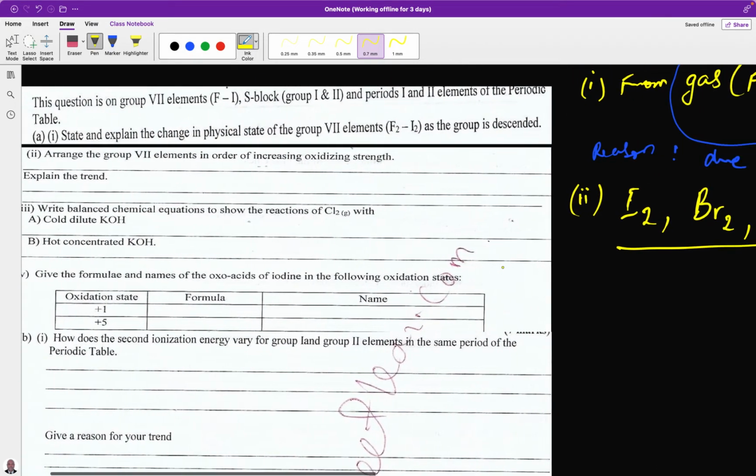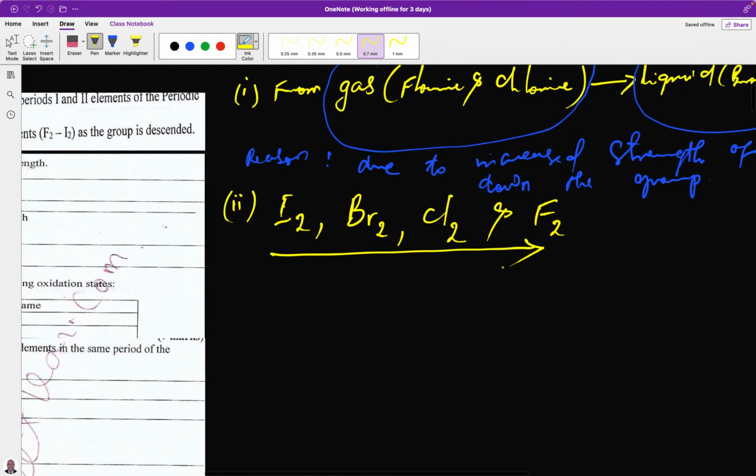explain the trend. Why is it that the oxidizing strength is increasing as you go up the group?